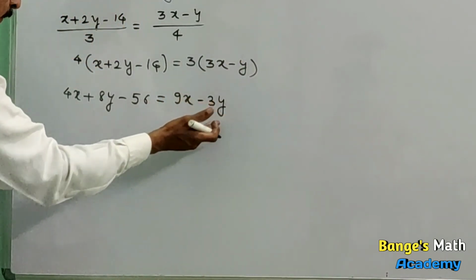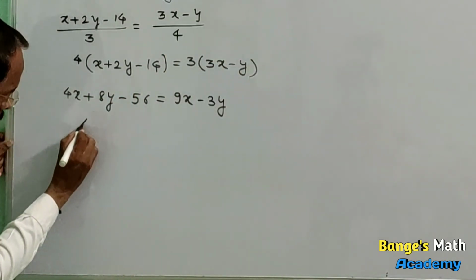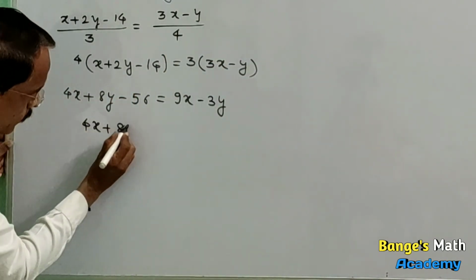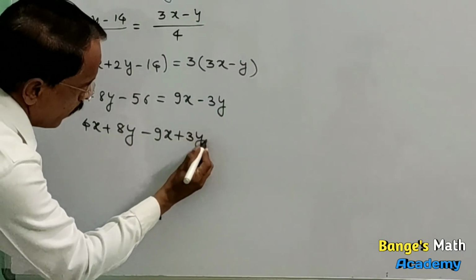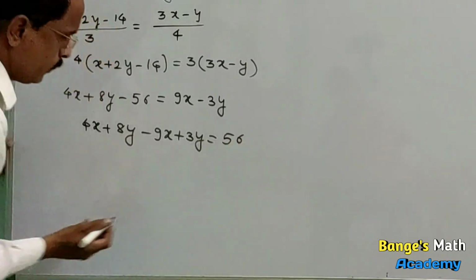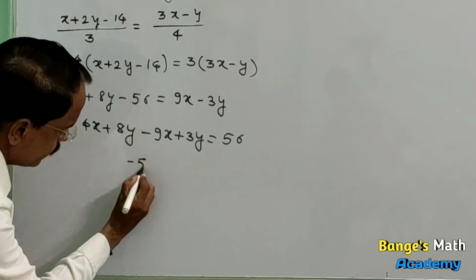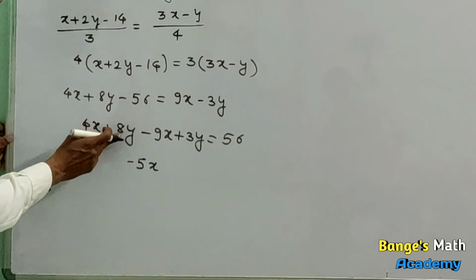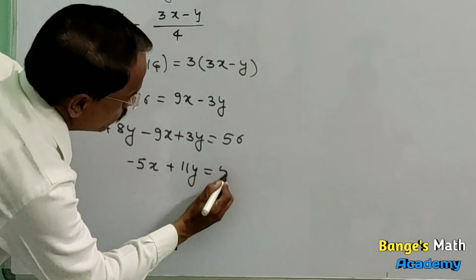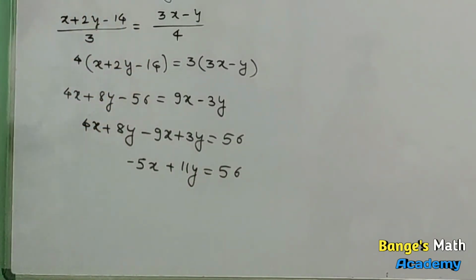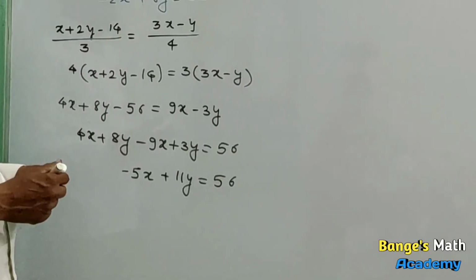Transfer 9x and minus 3y to LHS and minus 56 to RHS. 4x plus 8y minus 9x plus 3y is equal to 56. Simplify this. 4x minus 9x is minus 5x, plus 8y plus 3y is plus 11y, is equal to 56. So we convert the given equation in the general form.